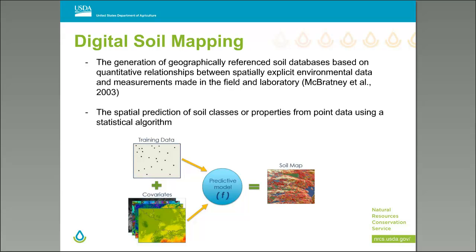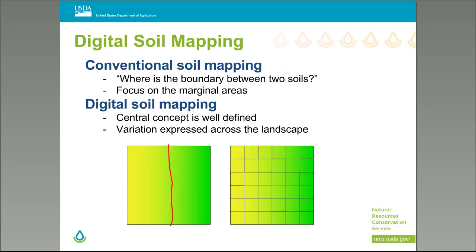And then there's also this definition from McBratney about it being the generation of geographically referenced soil databases based on quantitative relationships between spatially explicit environmental data and measurements made in the field and laboratory. And the key word there is quantitative relationships. That's what's different from traditional soil mapping, is really being able to back up our decisions about where soils get mapped and quantify them and make them reproducible.